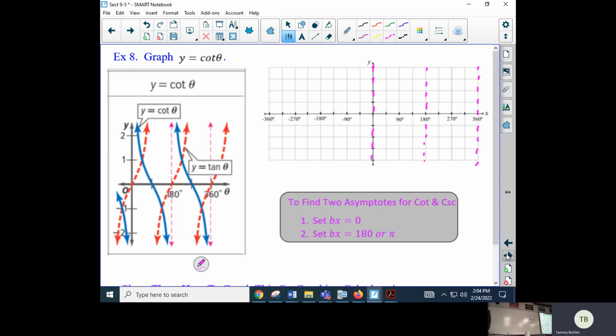And over here, where would they be? -360 and -180. Yep. Now, the cotangent is gonna cross the x-axis halfway in between here. And with cotangent, what did we say? Does it start high and end low, or start low and end high? High to low for cotangent. Oh, sorry, tangent, wrong one.